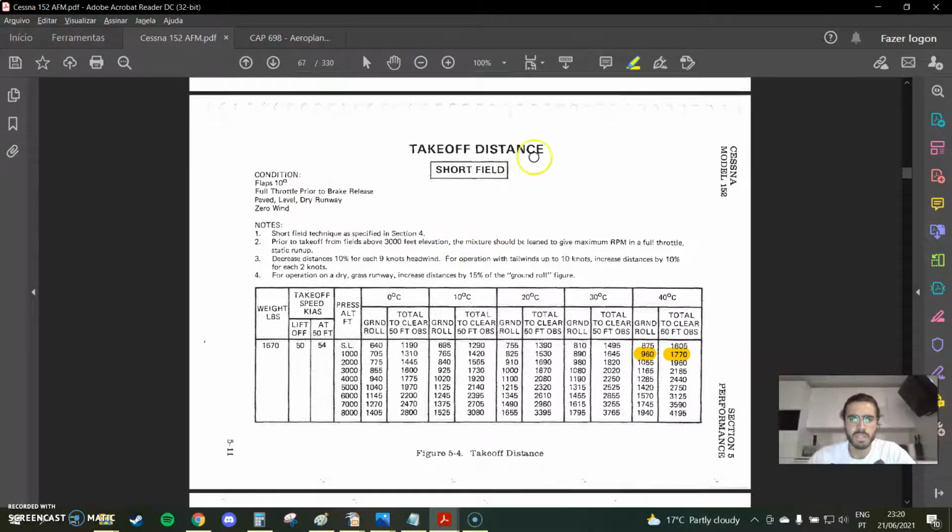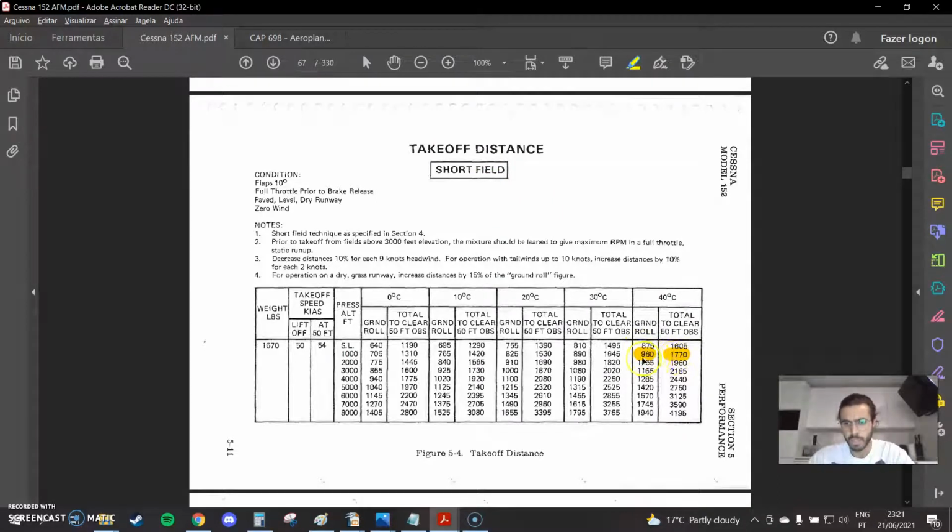So, but these distances are for the short field takeoff. So this is an intern procedure. Instead of these values here, we choose one line down and one column to the right. Okay, so instead of sea level 30 degrees Celsius, we use 1040 degrees Celsius to compensate, so that instead of short field, we get a regular takeoff distance.